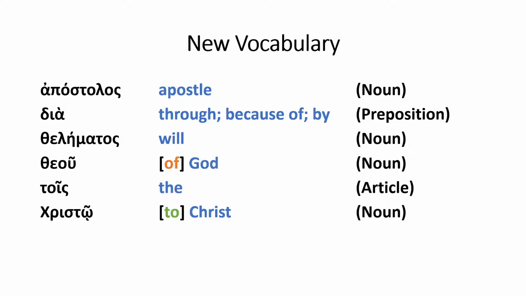Christo, to Christ. Now, the word to in brackets there, that's a bit flexible. Sometimes it means to Christ. Sometimes it means other things. We're just going to leave it as to Christ for the moment.